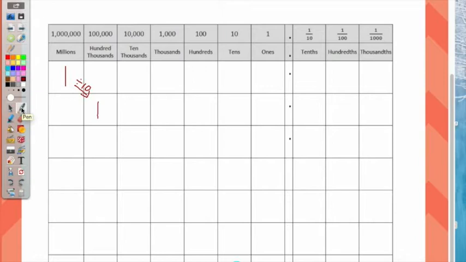Yeah. Okay, let's divide again by 10. And I can say 10,000 is 1/10 as large as 100,000. Okay? Let's keep going.